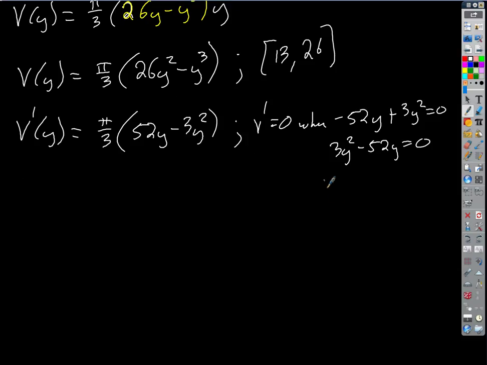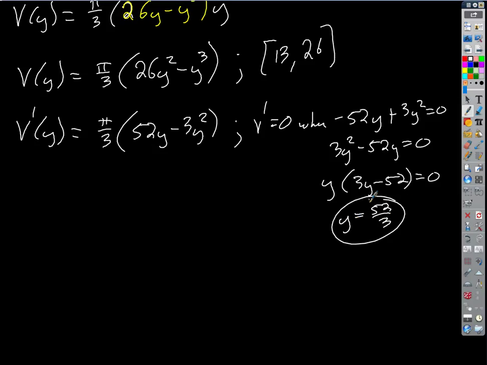So I can factor that. What are my critical numbers then? 0, which is out of my domain, right? And what else? 52 thirds. So there's our one interior critical number, okay?